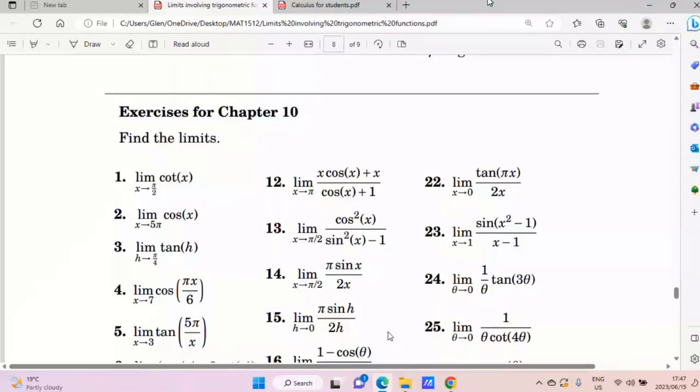Okay. Can anyone explain to Vuyo how we got negative root 3? Anyone? Vuyo. Yes, sir. Did you get 5π over 3 as your answer?